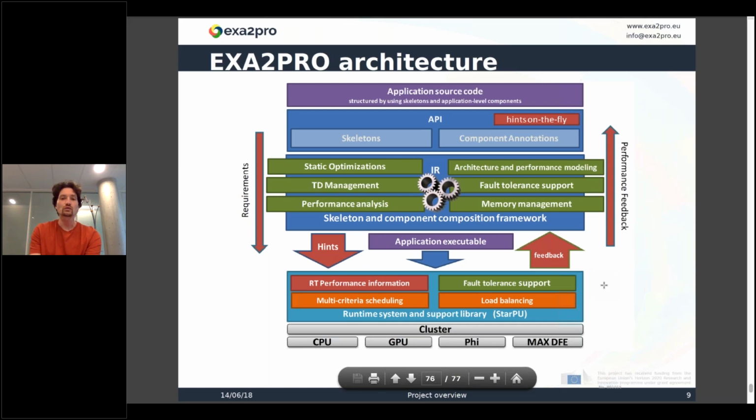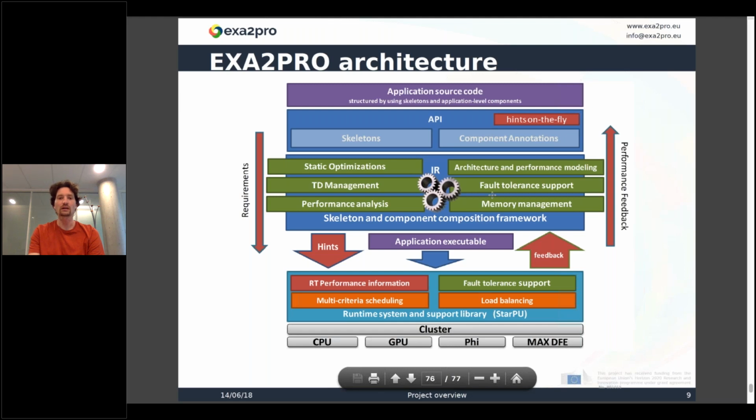The idea is to have the application on top that uses skeletons and component annotations, which is translated into an intermediate representation, and then to do static optimization, technical debt management, performance analysis, some modeling on architecture and performance, some fault tolerance support, some memory management.